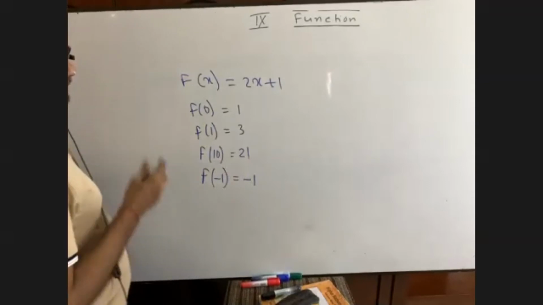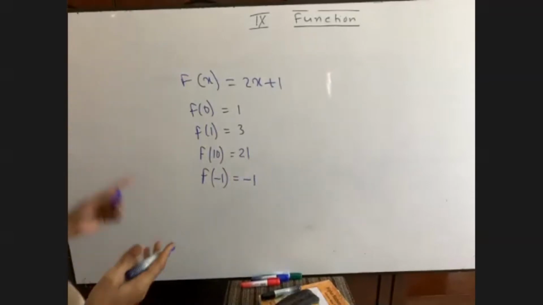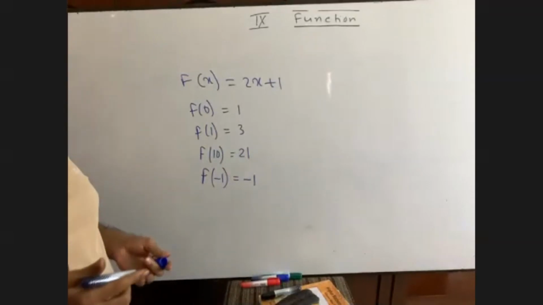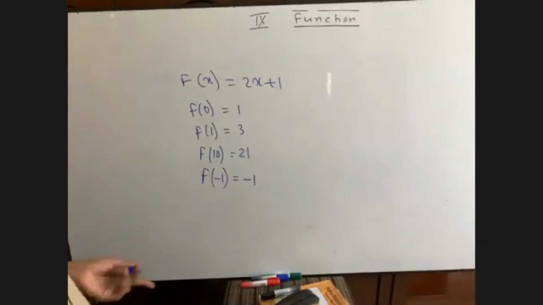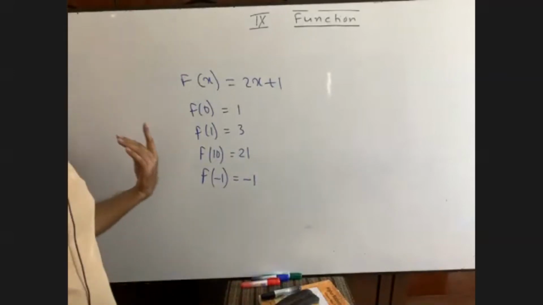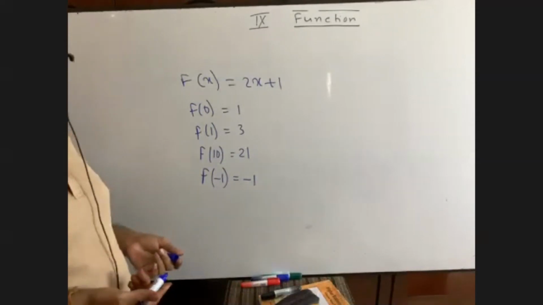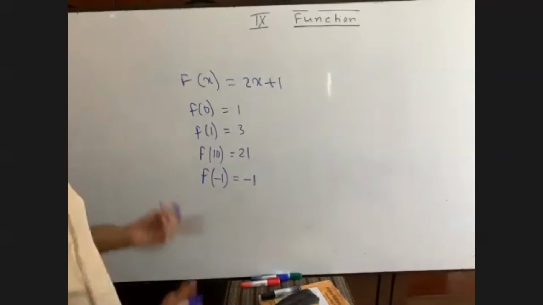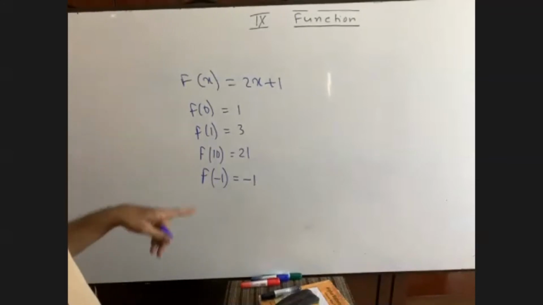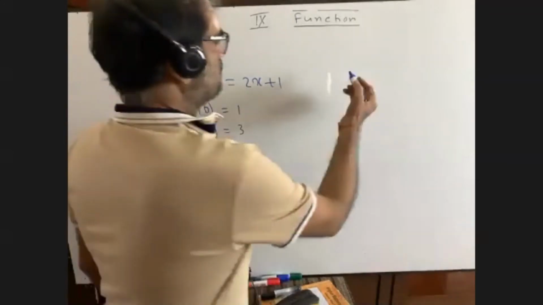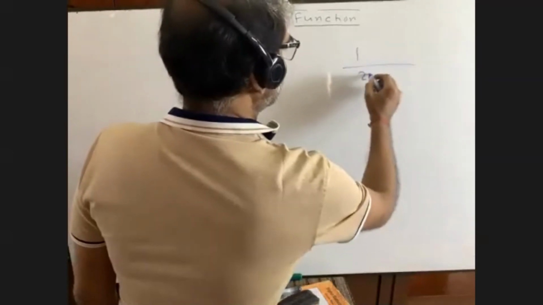You see, we don't have any value of x for which f of x is undefined. Can you tell me any value of x where f of x will be undefined? No, you cannot. It will be undefined only if there is any fraction. If it was like this, then we could tell.